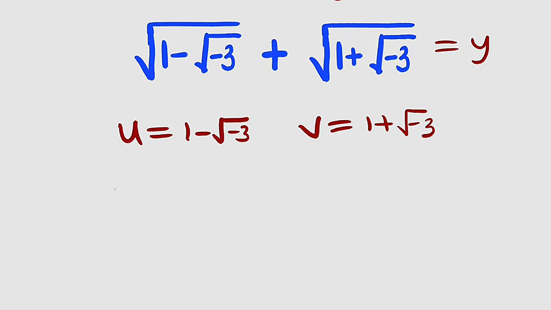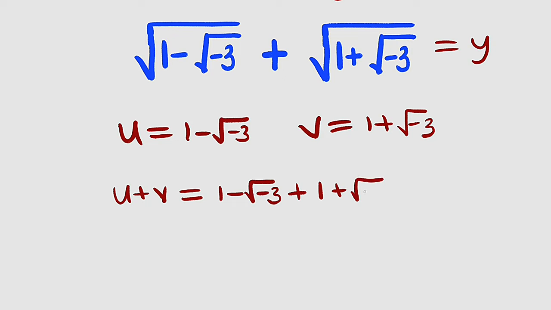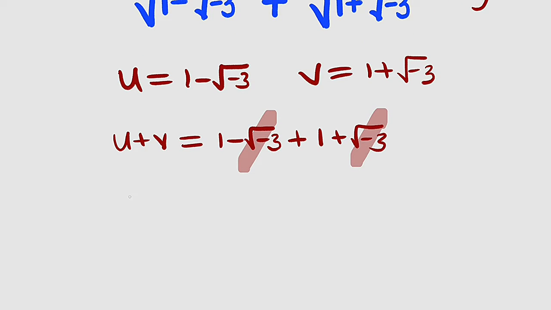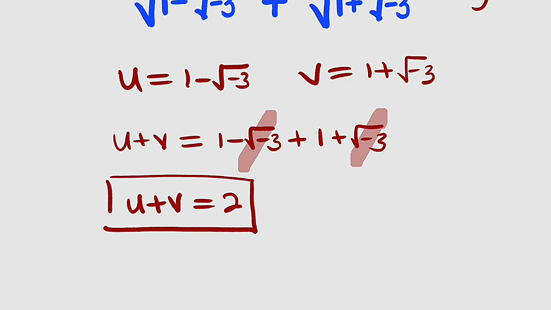So I would like to compute u plus v, which is equal to 1 minus the square root of negative 3 plus 1 plus the square root of negative 3. If you observe, this will cancel this because they have different operations. All we have is 1 plus 1, which is equal to 2. Therefore, u plus v is equal to 2. Let us keep this aside.